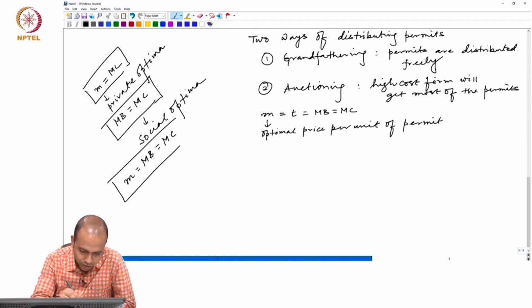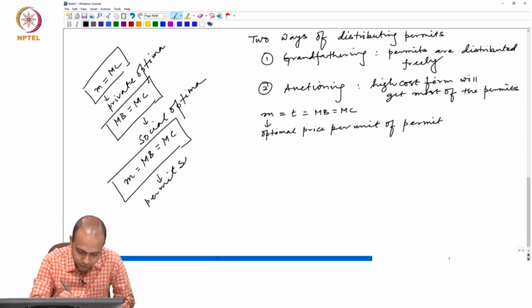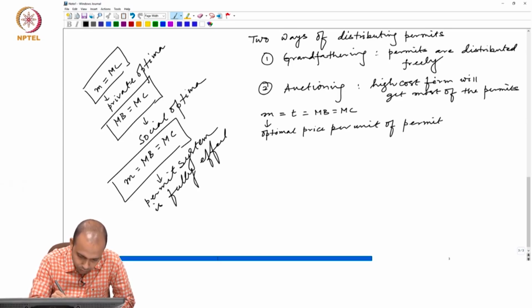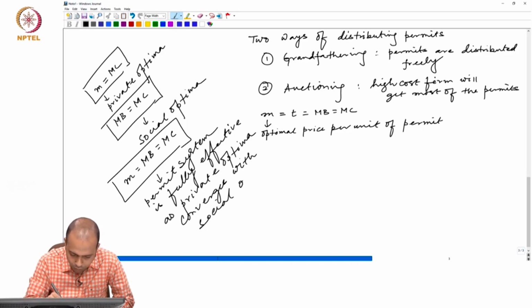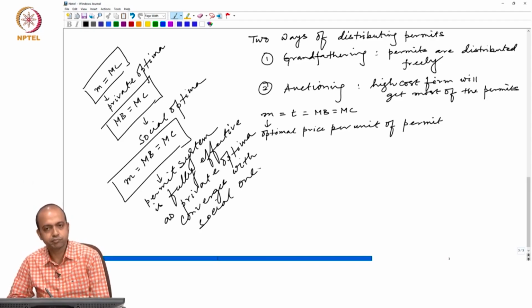If this is the condition, then we will say that the permit system is fully effective, as the private optima converges with the social one. Okay, that is the case.